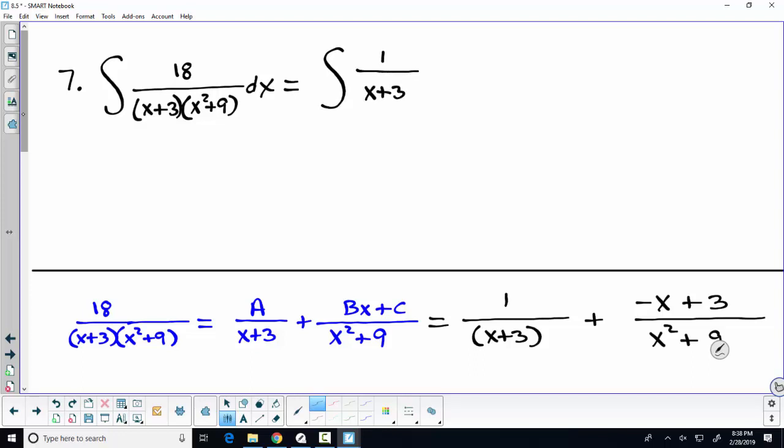Just split up the second one. Yeah, so that second integral, we're going to end up splitting that up into 2. So I'm going to make a note, split this up.